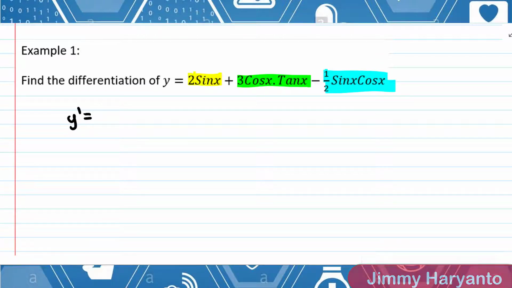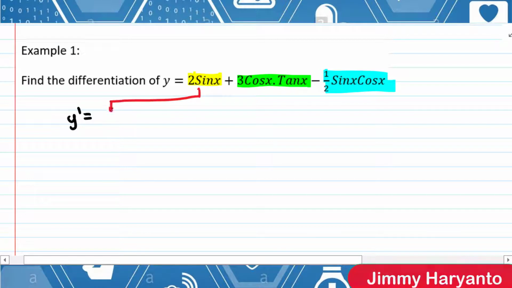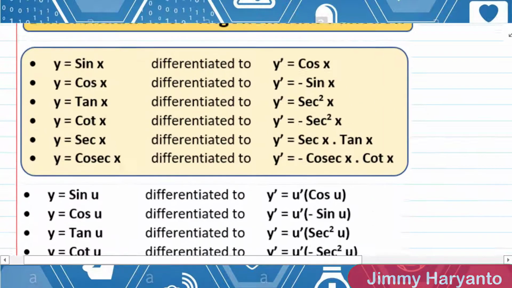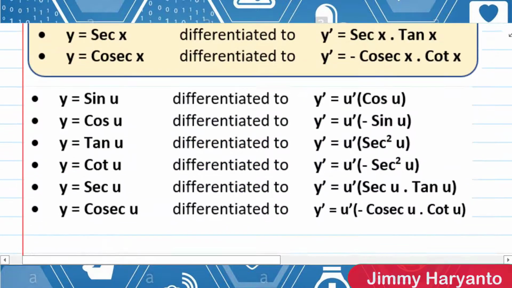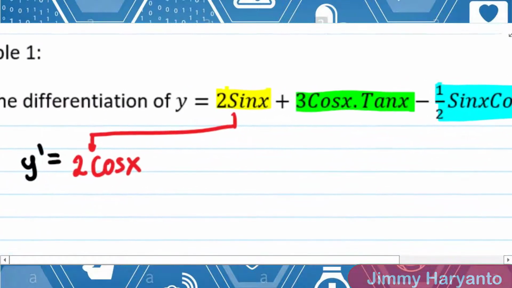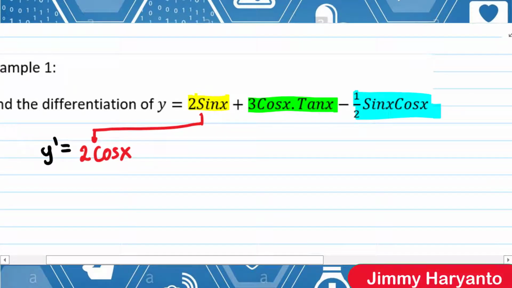Okay, so first is 2 sine x. 2 sine x will become 2 cos x, because the differentiation of sine is cos. Next is 3 times cos x times tan x. So now we have multiplication.